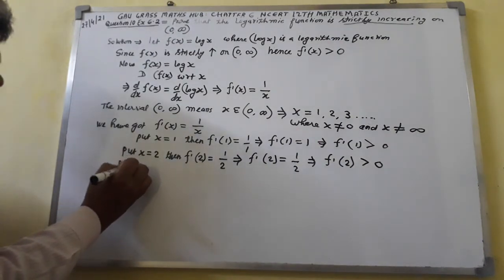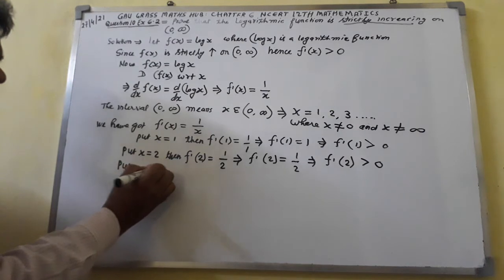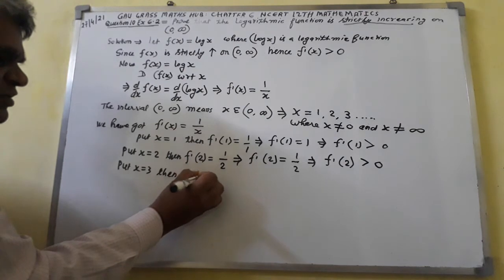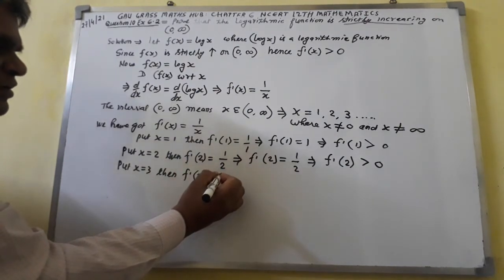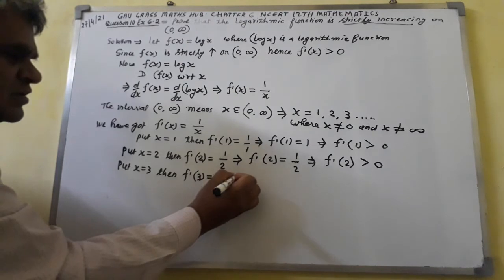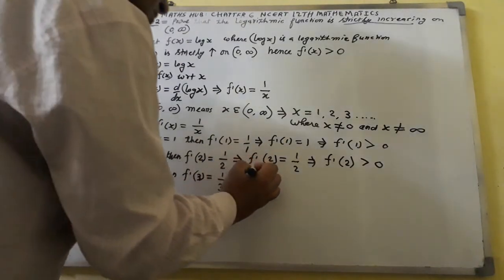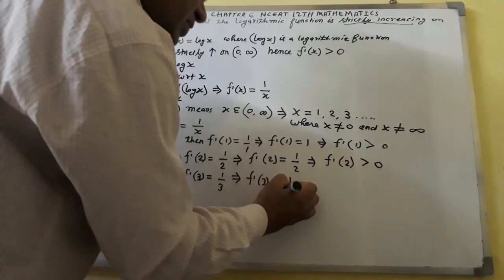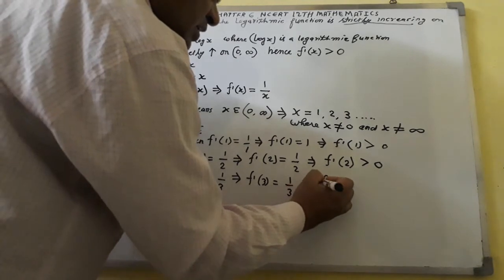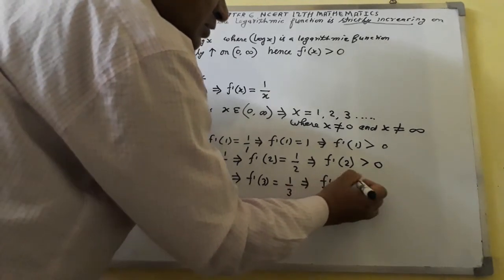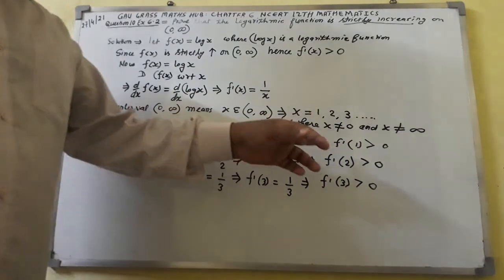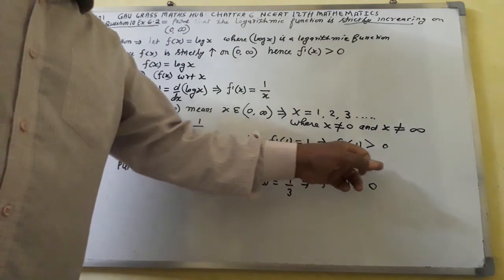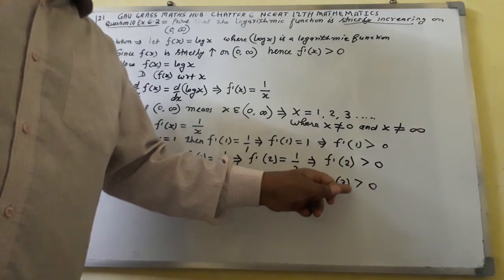Again I shall put x equal to 3, then f dash of 3 comes out to be 1 over 3, implied that again f dash of 3 will be greater than 0. So here you can see f dash of 1 greater than 0, f dash of 2 greater than 0, f dash of 3 greater than 0.